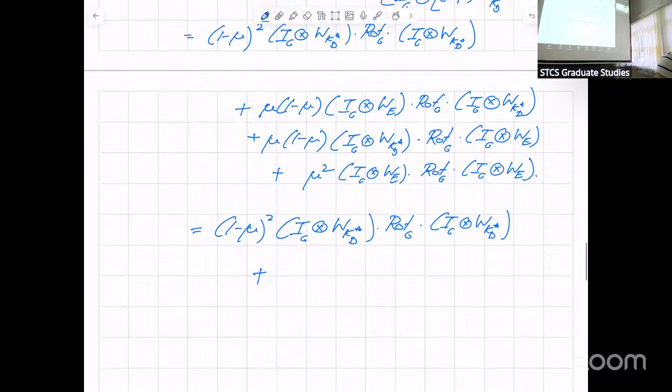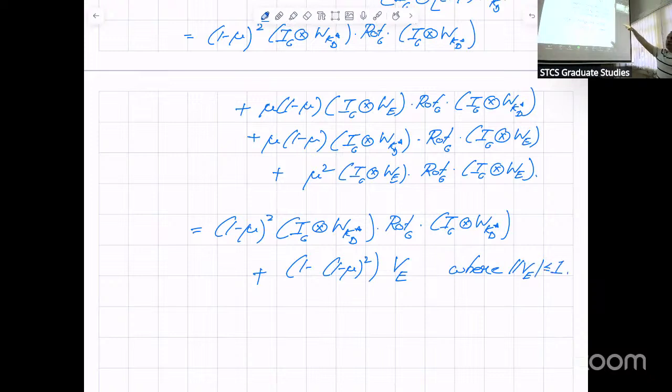That's just mu-dependent squared terms times some VE, where the norm of VE is at most 1. You just collect all of them. The norm of the sum of these three things will be at most the sum of these three norms. Keep it with me so far.